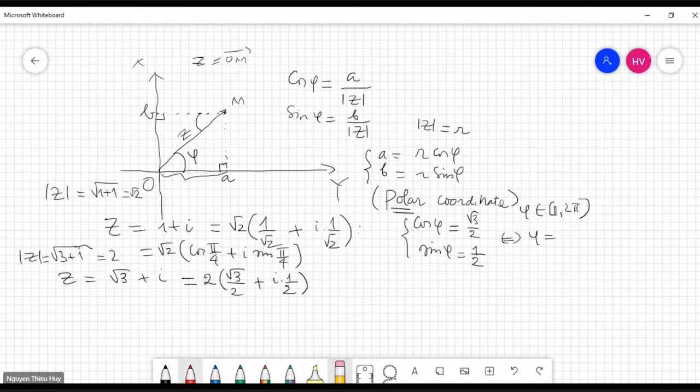You can read pi over 6, or shorter, pi 6. And therefore at the end you obtain 2 multiplied by cos pi over 6 plus i sine pi 6.